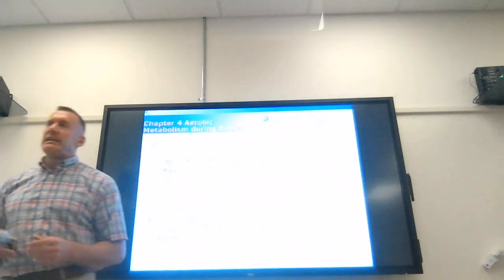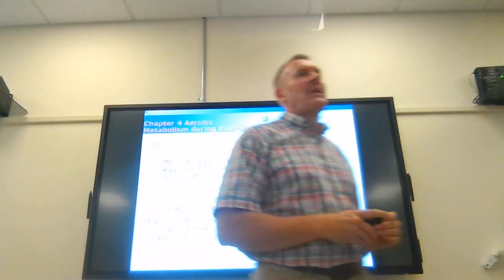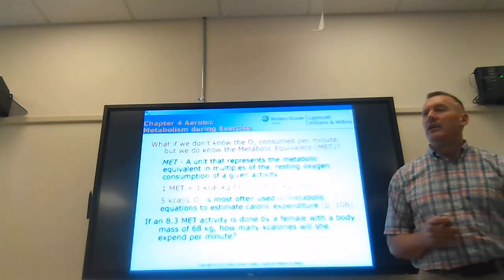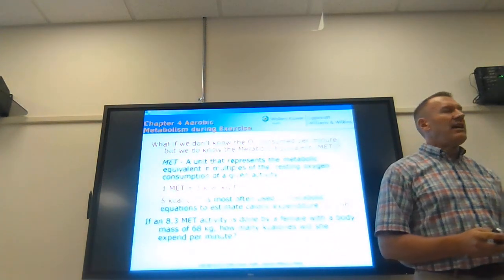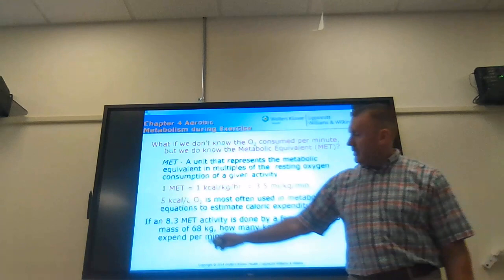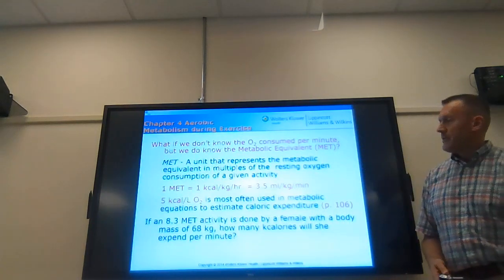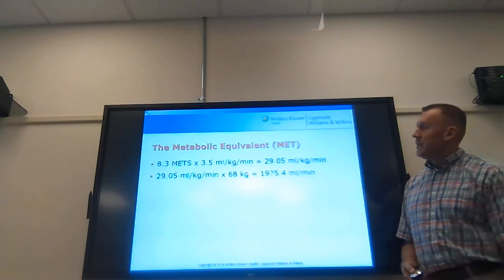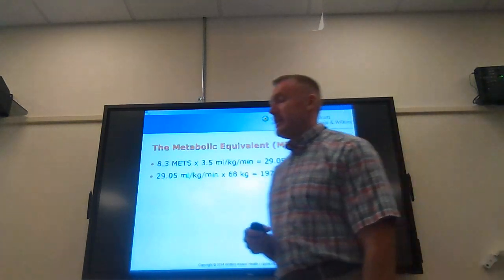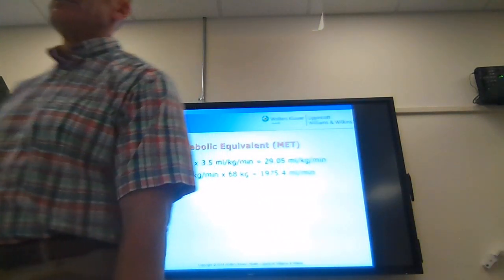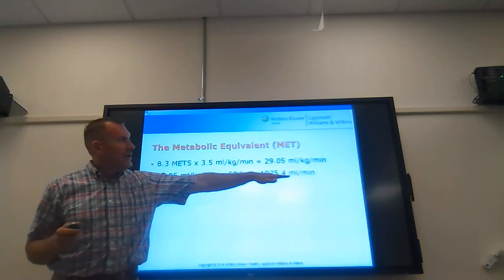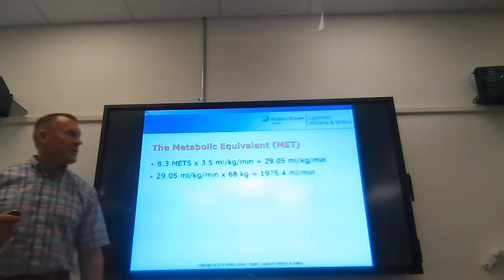So what else do we have to take into account? Body mass is absolutely right. So we have to divide 29.05 by 68 kilograms. I have the steps here for you. It's actually times 68 kilograms, excuse me, times 68 kilograms to calculate in milliliters per minute how much oxygen.